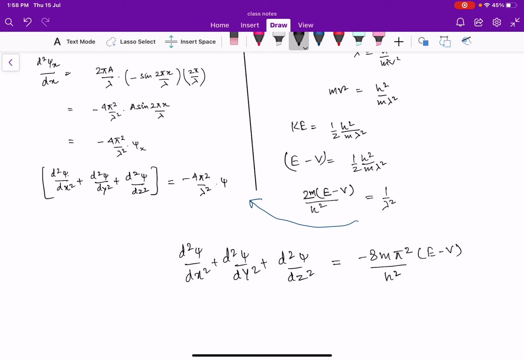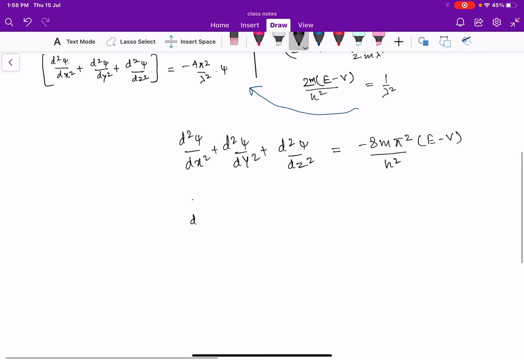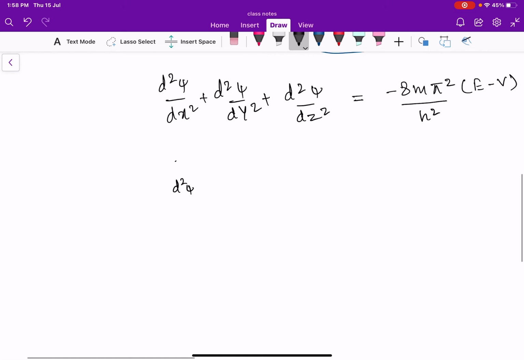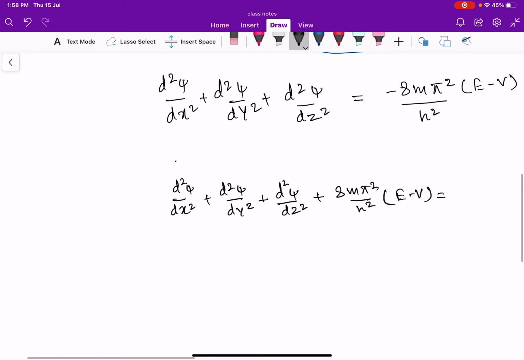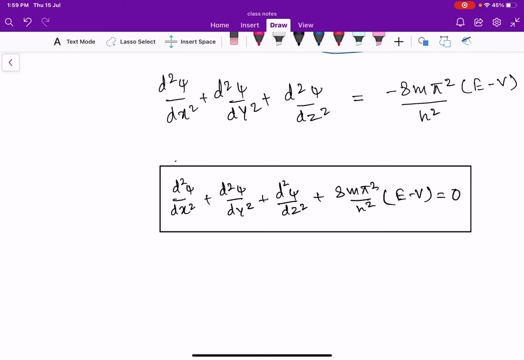So this is our final equation. So this is Schrodinger's wave equation, which we derived just now. Thank you very much for watching this video.